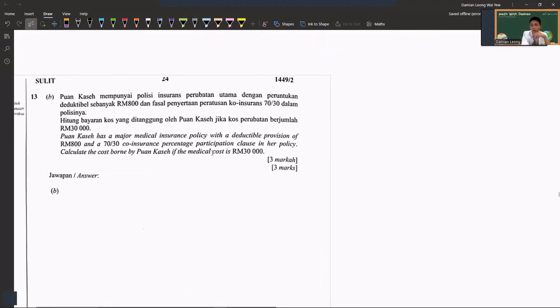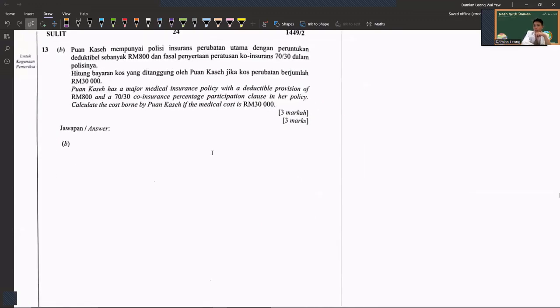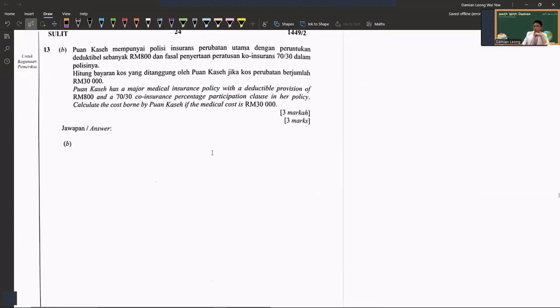Then part B. Puan Kasih has major medical insurance policy with deductible provision of 800 ringgit and 70/30 co-insurance percentage participation clause in a policy. Calculate the cost borne by Puan Kasih if the medical cost is 30,000 ringgit. So medical cost 30,000, deductible 800. So we take 30,000 minus 800 first, get 29,200.